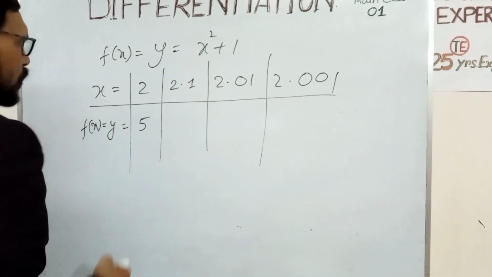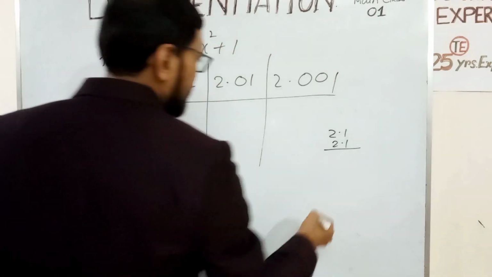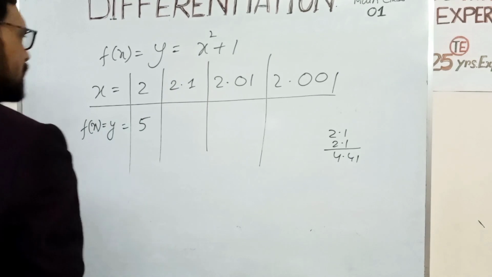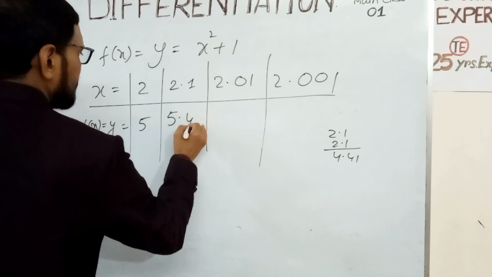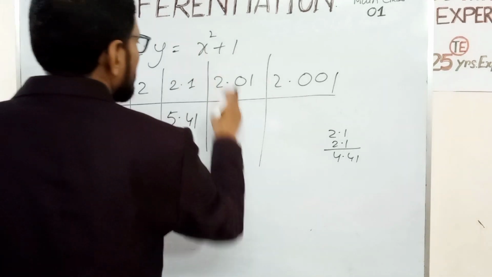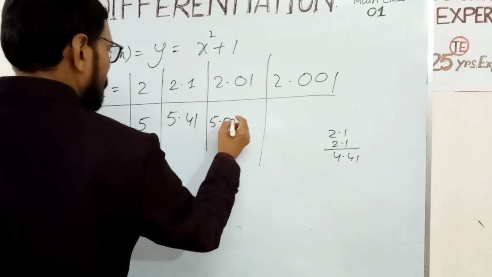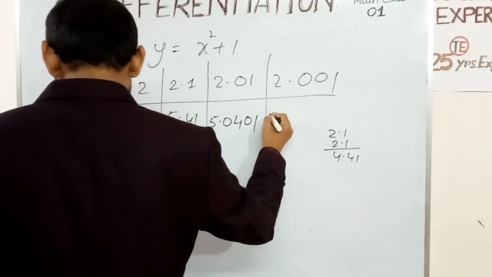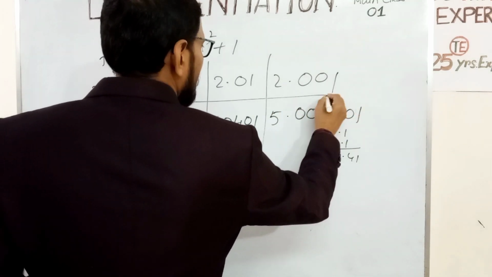For x equal to 2.1, 2.1 into 2.1 is 4.41, plus 1, so y becomes 5.41. For x equal to 2.01, y becomes 5.0401, and for 2.001, y becomes 5.004001.